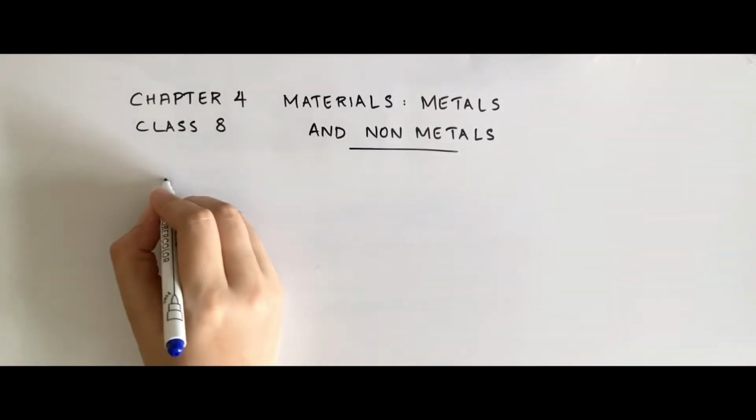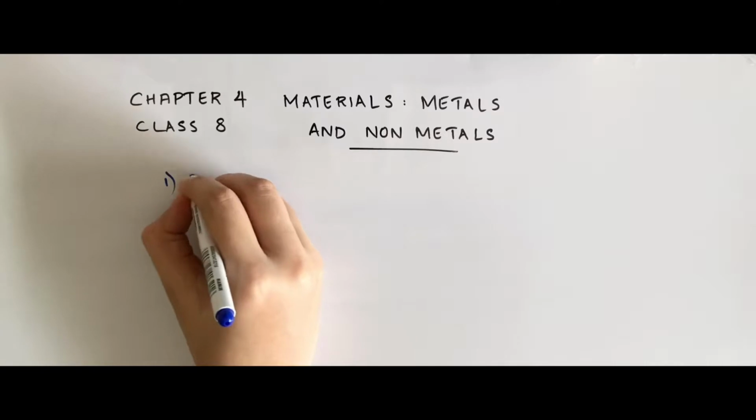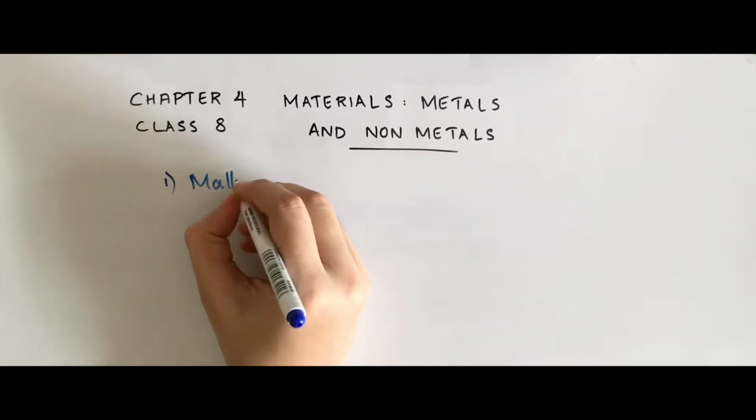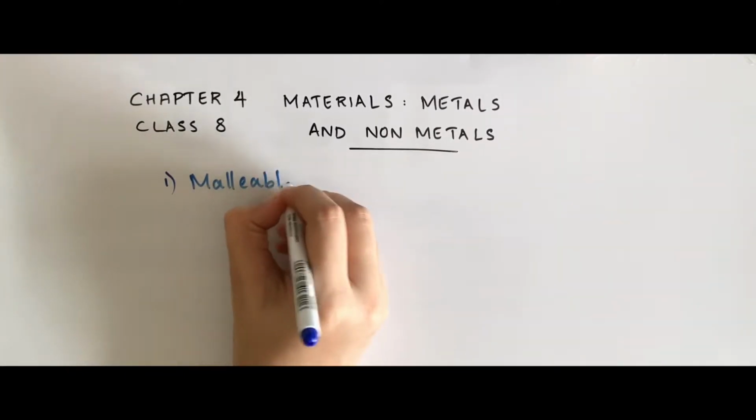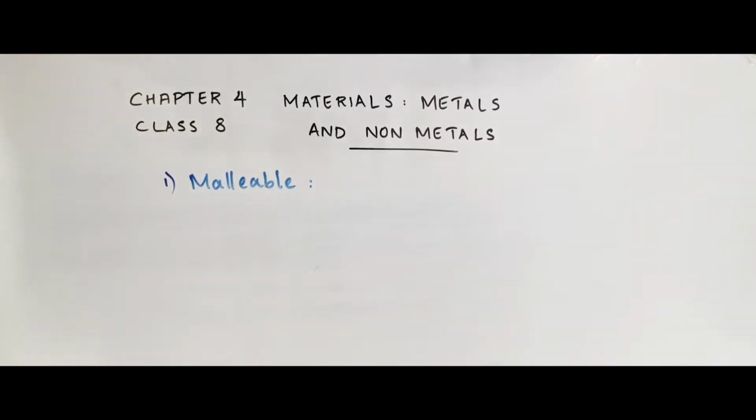The first physical property is malleability. What is this property? It is that property of metals which allows them to be beaten into thin sheets. Due to the presence of this property, the shape of an iron nail and aluminium wire can be changed on beating.